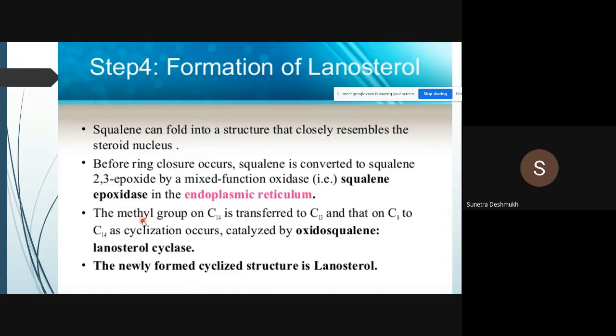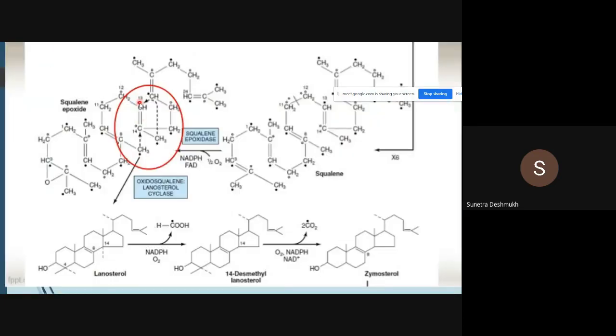Now the methyl group on C14 in squalene epoxide is transferred to C13. Let's see how. Here is the C14 carbon atom, and here is the C13 carbon atom.